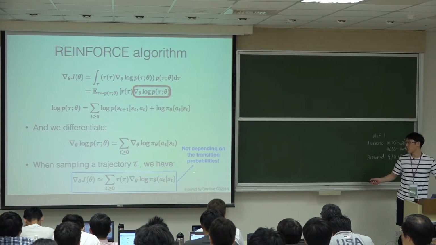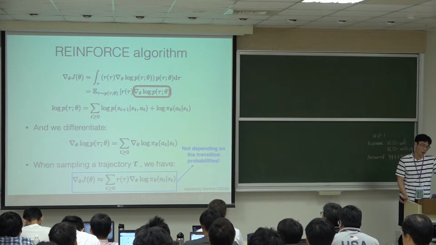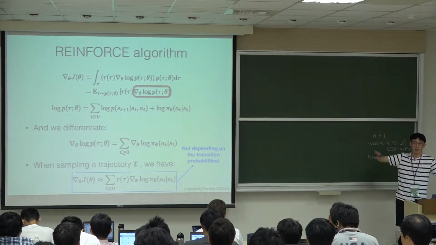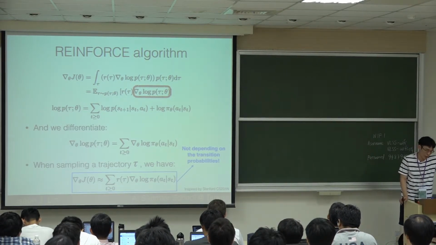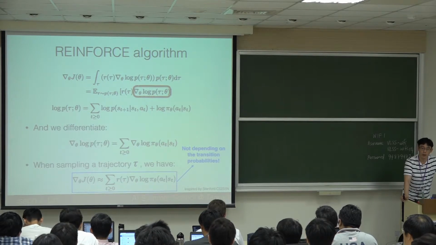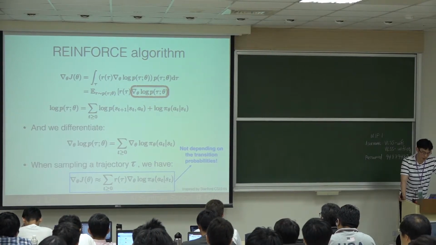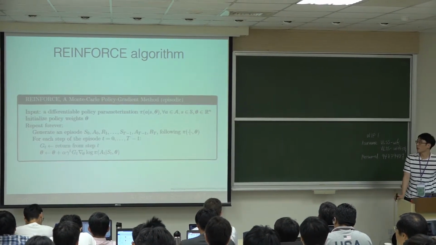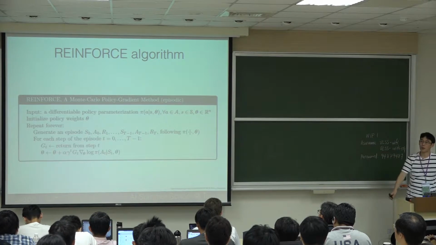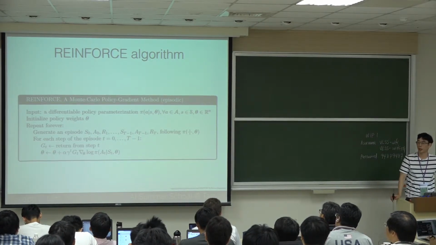Now this part no longer depends on the transition probability, which we don't know, and that's why we can use this form, derived by some algebra. Finally, we can do a sampling-based approach to get the gradient of J, the total reward estimator. This is just rewritten in algorithm form for computer science folks, from the paper.